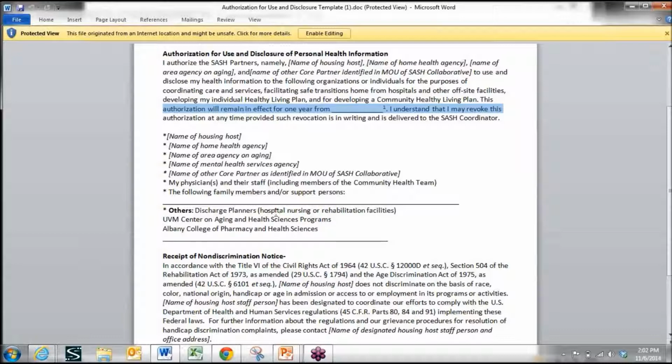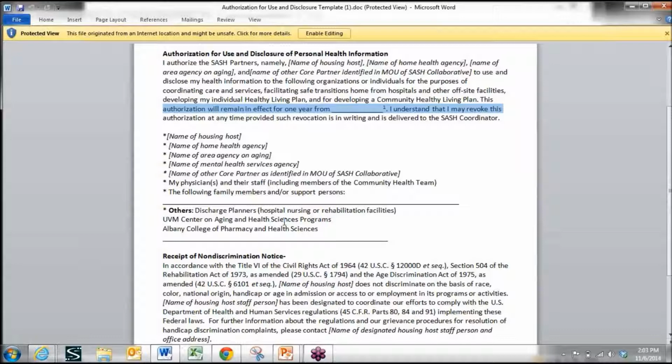Other organizations that this consent allows you to communicate with are discharge planners from the hospitals, and nursing and rehabilitation facilities. On this form, we also have the UVM Center on Aging and Health Sciences programs. We use a lot of medical, nursing, and registered dietitian students, so we added UVM to our use and disclosure because that has made it much more efficient to utilize students.